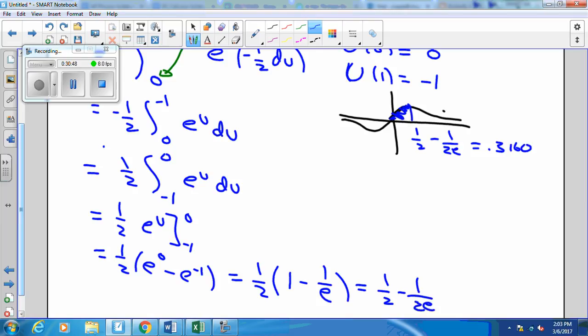But when I pulled off the substitution, I had a completely different region, e to the u, just like this, and it's actually 1/2 of e to the u, and I'm going from -1 to 0, a completely different region, but with the same area.